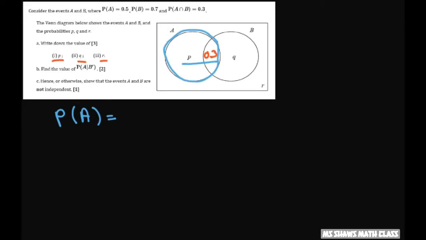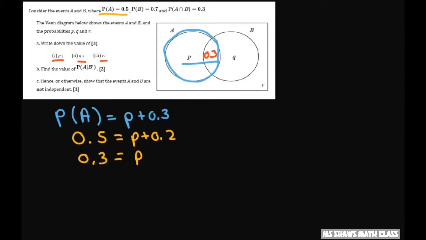So that's going to be P plus 0.3. We're also given that probability of A is 0.5. So let's substitute. Solving for P, we get P equals 0.3.